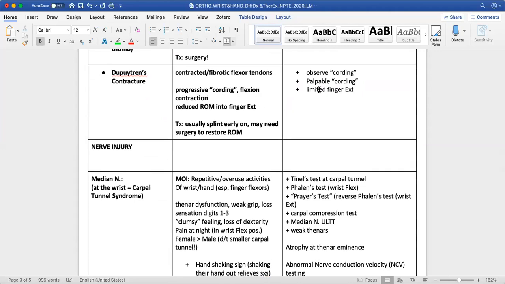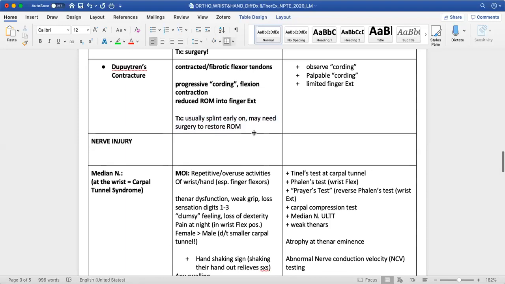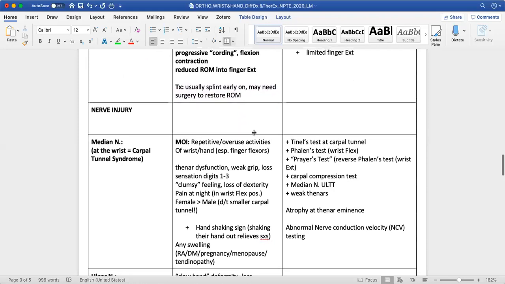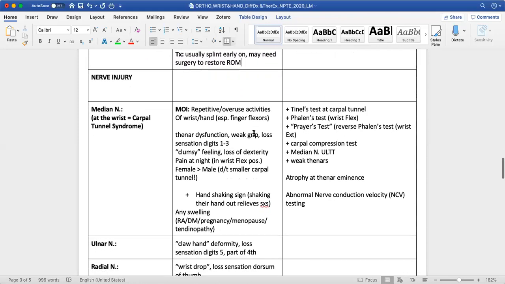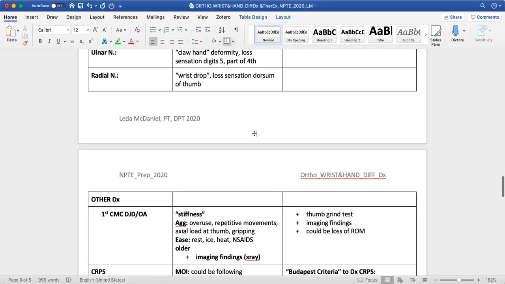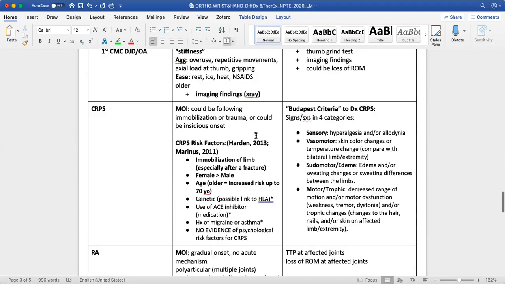These are usually observable or palpable, especially as they progress, they become more obvious. And this individual, again, is going to have a progressive flexion contracture, so they're going to have reduced finger extension at that area. Treatment, again, early on, you're thinking about conservative care, splinting, but you may need to do surgery to free these areas up.